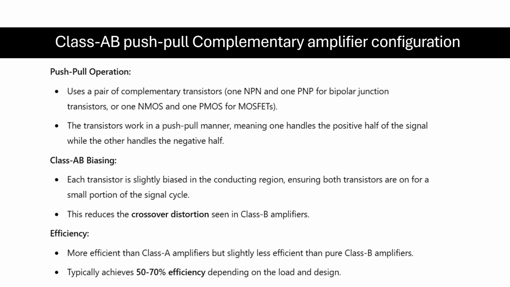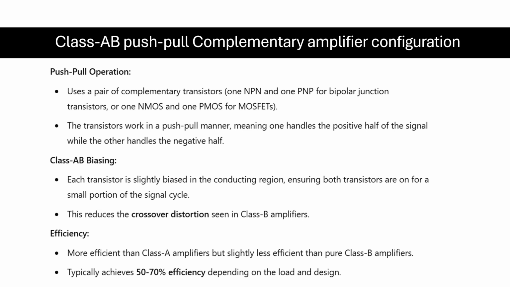The transistors work in a push-pull manner, meaning one handles the positive half and the other handles the negative half. In class AB biasing, each transistor is slightly biased in the conducting region, ensuring both transistors are on for a small portion. That is why we have supplied the VBB, so that it will conduct. Otherwise, your device may not conduct. It will also reduce the crossover distortion of your class B amplifier.